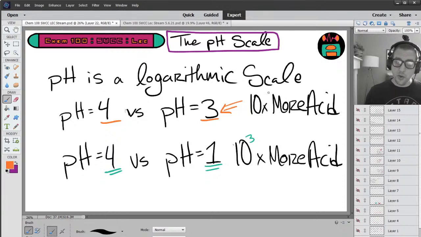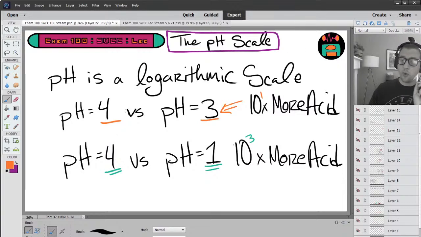All right, so every unit of 1 on the pH scale is an exponent of 10 in the magnitude of the difference in the amount of acid. All right, so it's huge. 2 units is 100 times. 3 is 1,000, etc. So that's one thing that you need to keep in mind of the logarithmic scale.